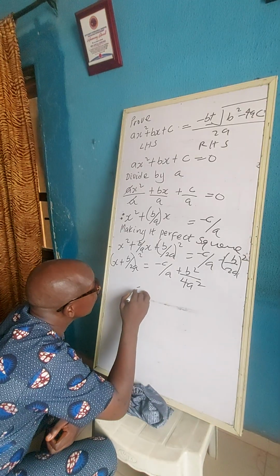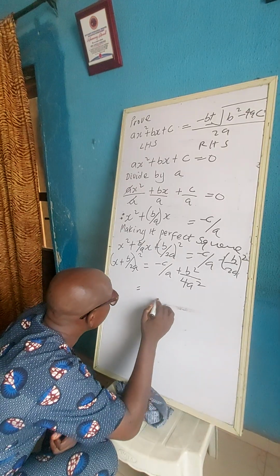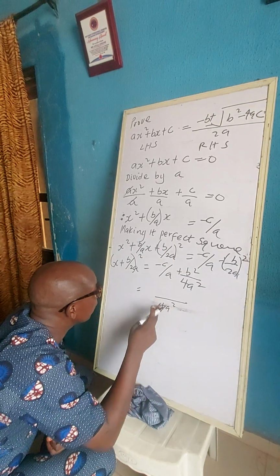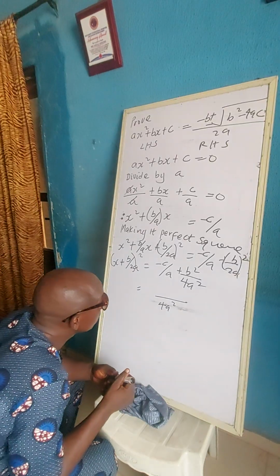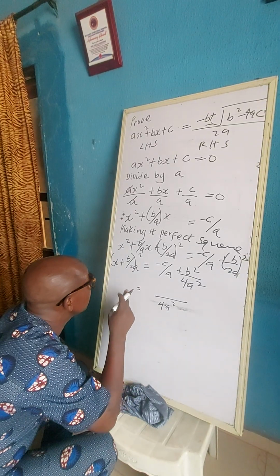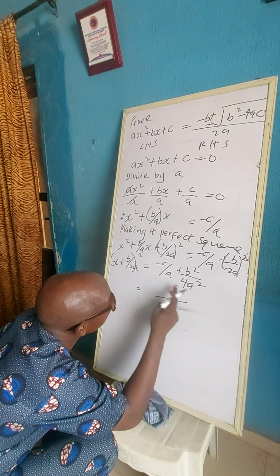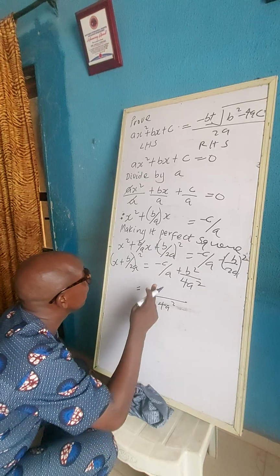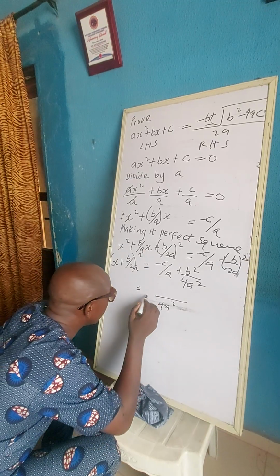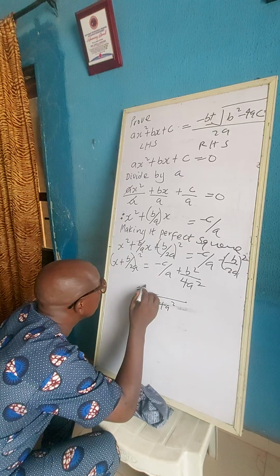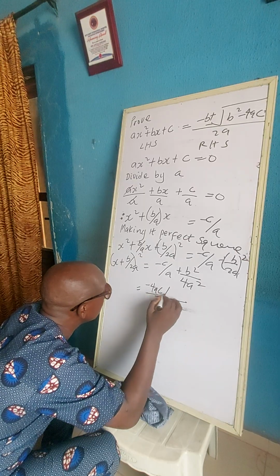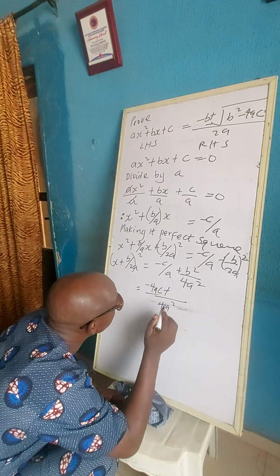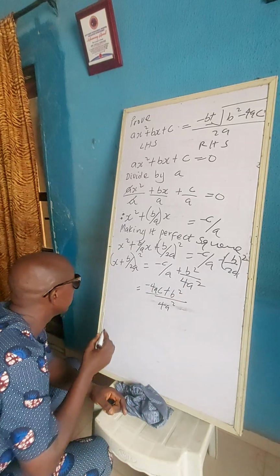The HCF of a and 4a squared is 4a squared. a in 4a squared, 4a. 4a times c, it becomes minus 4ac, plus 4a squared in 4a squared, 1. 1 times b squared, b squared.